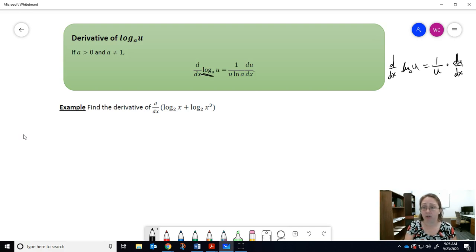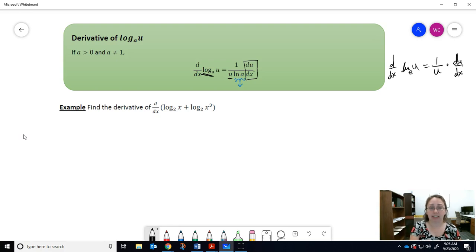Remember, ln is base e. You don't have to write it. By changing our problem to log base a, what changes in our formula? We still have the 1 over u. We still have the du dx. But just like the a to the x rule, we have to involve the base in our derivative. So you're going to have ln of your base in the denominator.